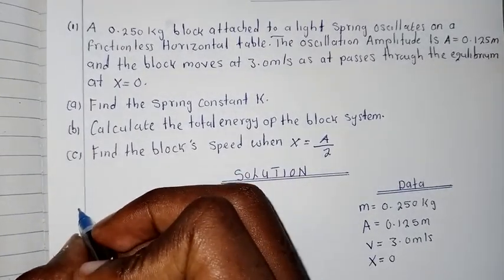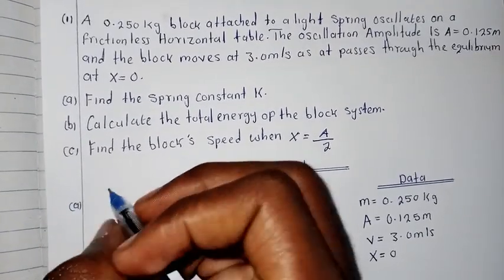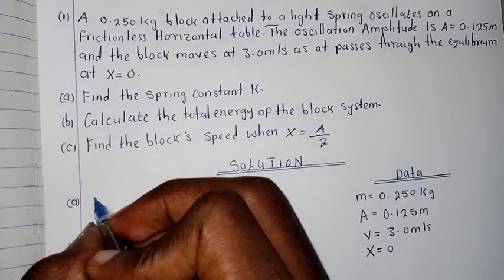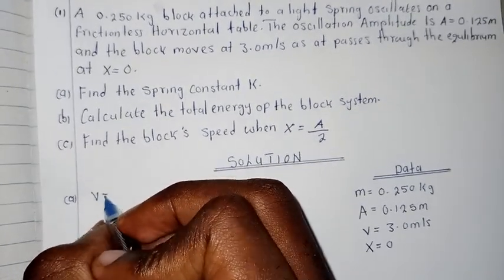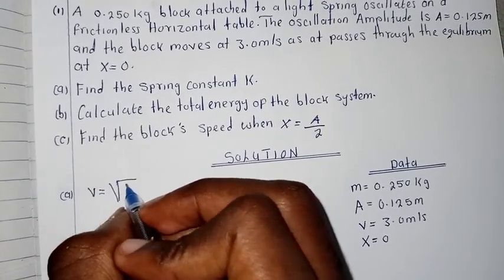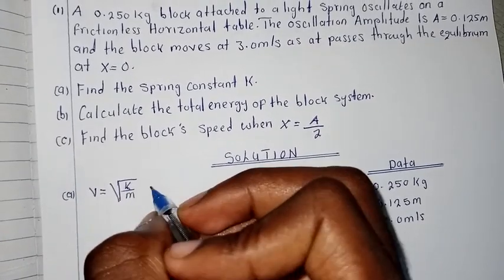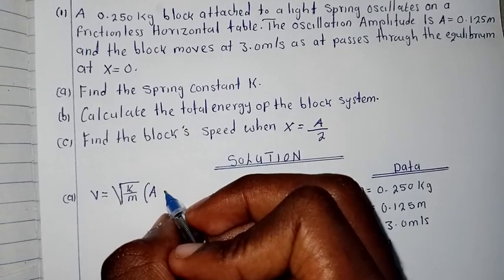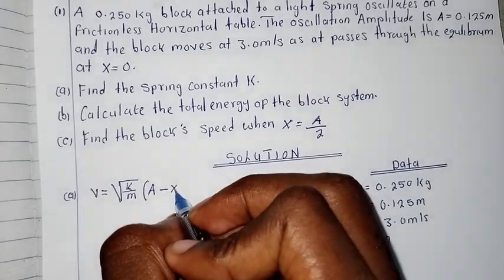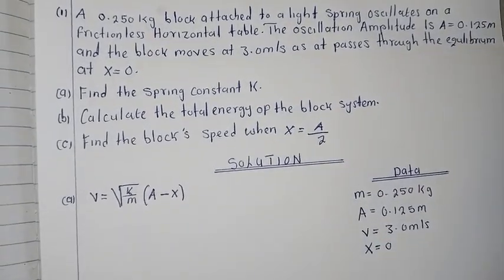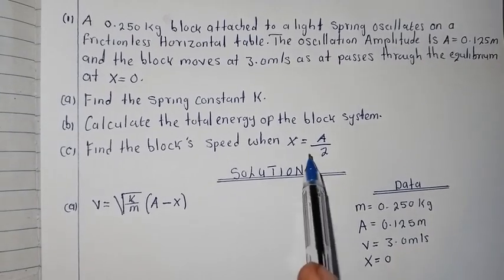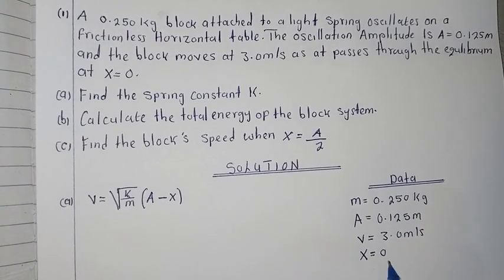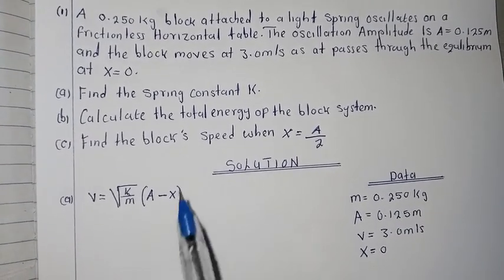I think I highlighted this formula in my first video, where I said that the velocity is equal to the square root of K over M, then A, this was A minus X. Okay, but then remember that our X is 0, so of course we won't put anything here.